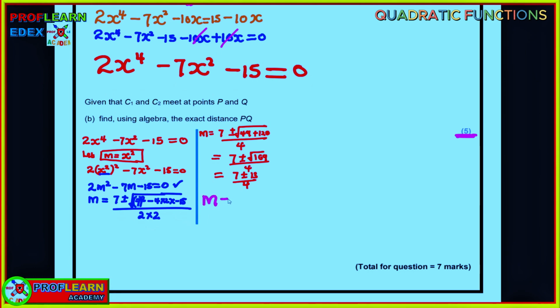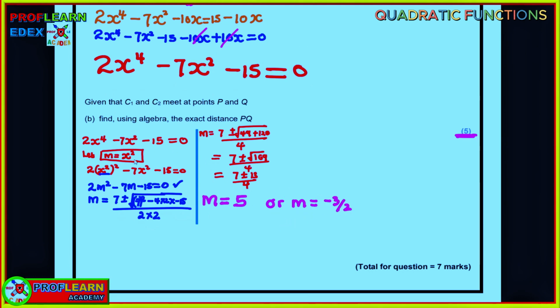The first value of m basically is 5, because 7 plus 13 is 20, divided by 4 is going to be 5, or m is going to be negative 3 over 2.